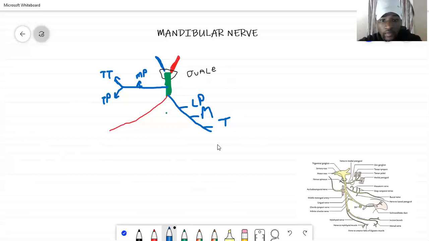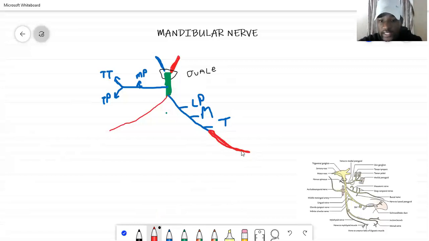So with that being said, that will be it for the anterior division. But there's a nerve that continues. You have a nerve that continues there, which is our buccal nerve.